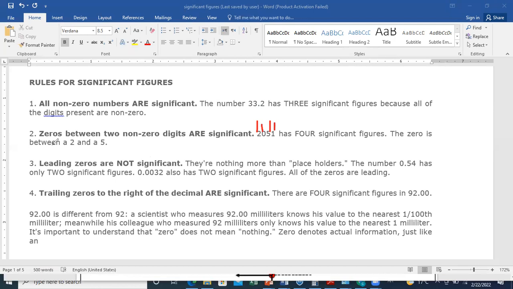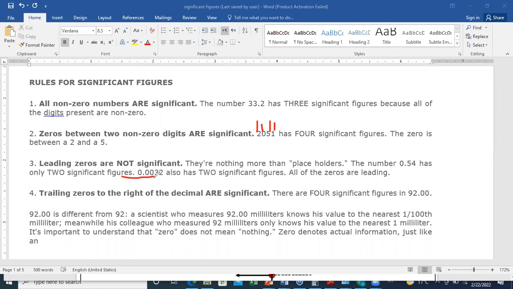Now, leading zeros are not significant. If you have zeros at the beginning of a number, you don't count them. All zeros to the left of your non-zero numbers, before and after the decimal point, are not counted.